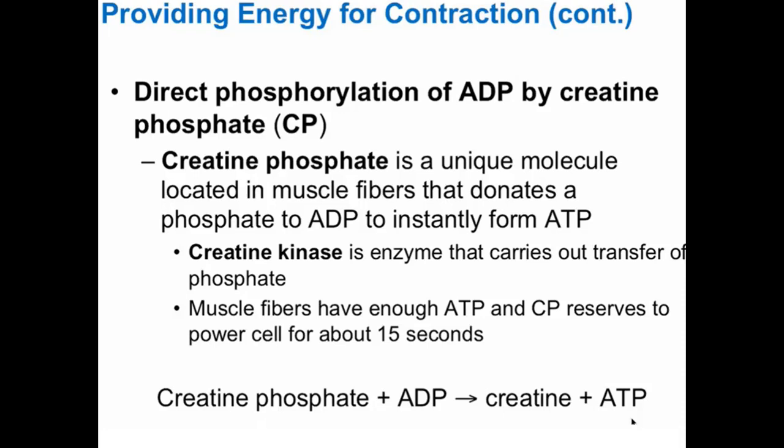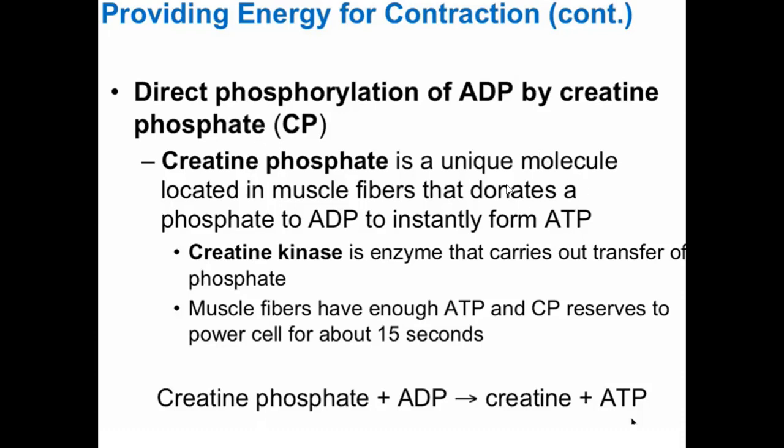So in order to have an immediate source of ATP, creatinine acts like a temporary storage by being phosphorylated during rest by the ATP so that you have creatinine phosphate.